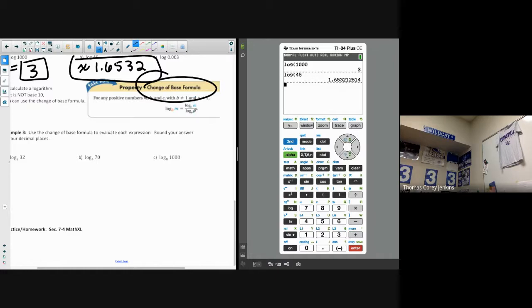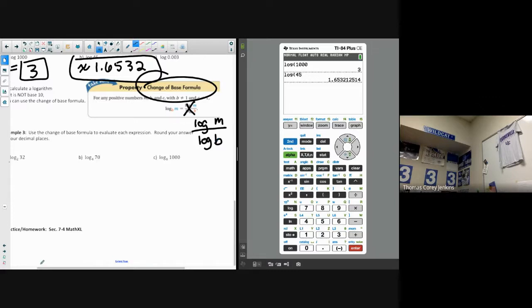We'll change that to log of M over log of B. That's the way we do that. So basically we change them both to base 10.